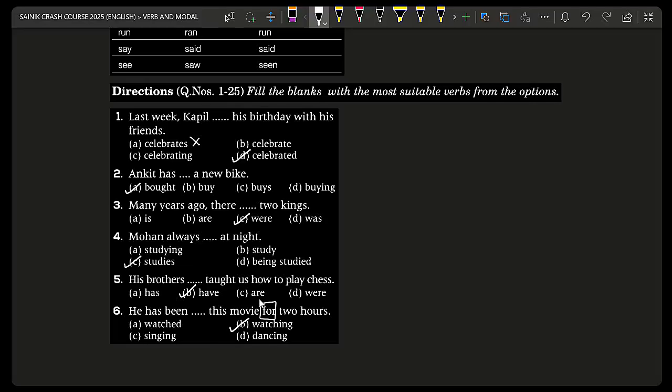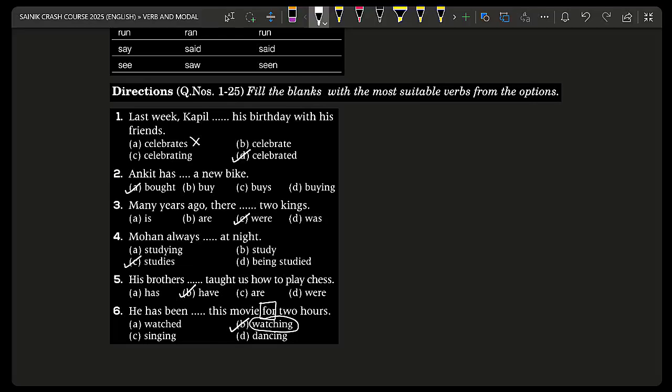The structure is subject plus has or have plus been plus V1 plus ing form. That's why we are getting V1 plus ing form. Watch plus ing will become watching, right? Yes, sir. Bhuvana, you are able to give answers, but you are not able to give reasons. So revise the tenses chapter again. Okay, sir. Very good.